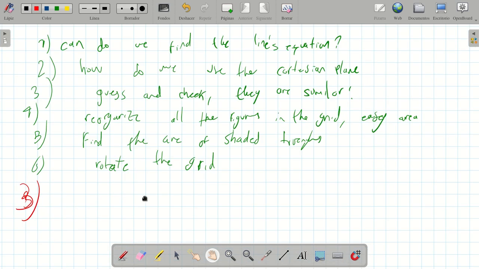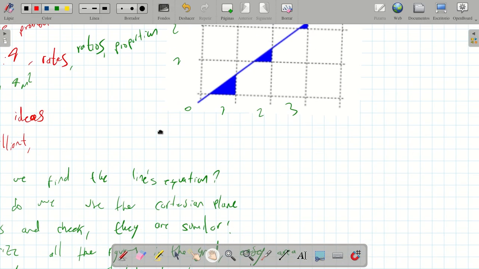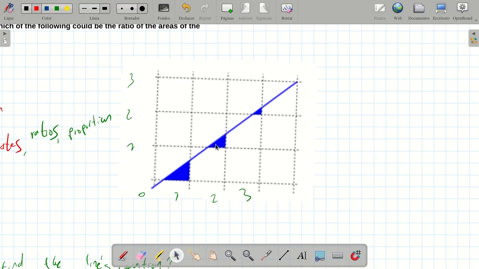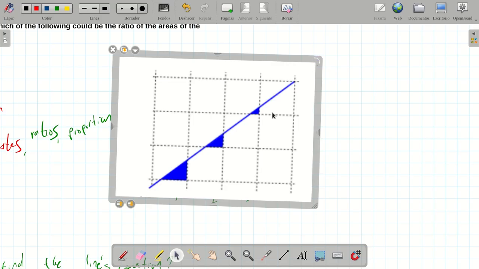And that idea is the third one, which is that they are similar. So if I make a guess that the triangles are similar, I need to prove it. And how I'm going to prove it is this way.